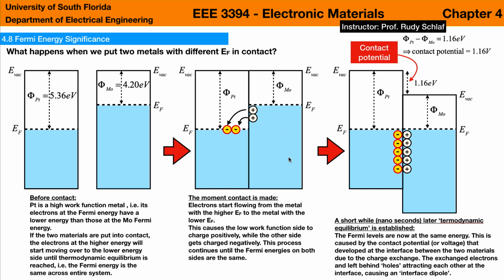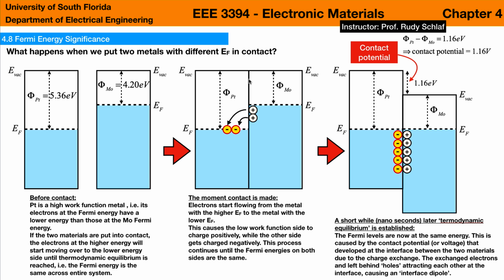And remember, matter is usually neutral, so we have the same number of electrons and protons. So when electrons leave, we will have some protons that are not compensated anymore. So we get a positive charge buildup inside the molybdenum, while on the other side, of course, we get negative charges because here now we have too many electrons.